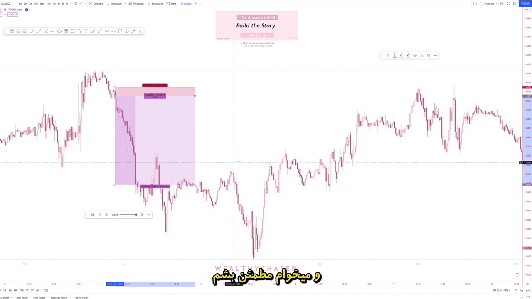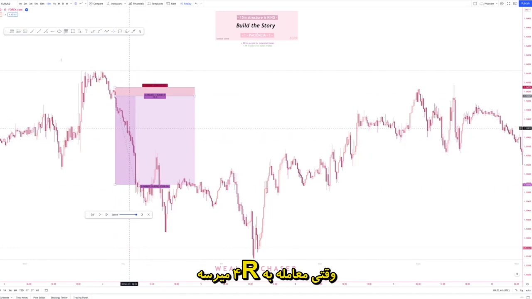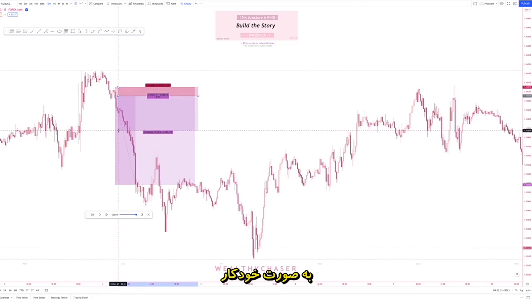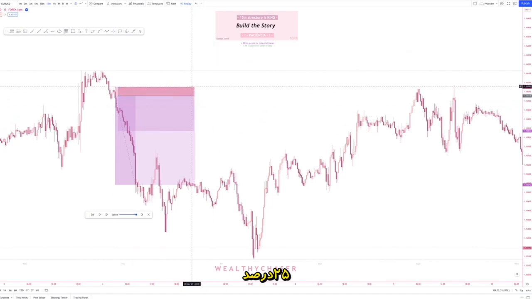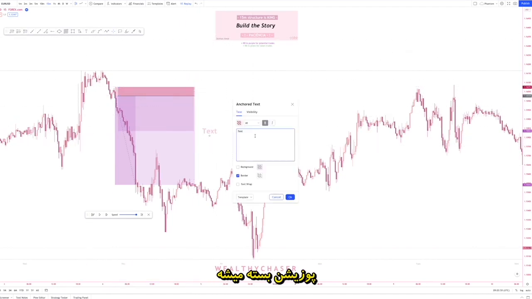I want to make sure that when the trade drives until 4R, it will automatically close 25% of the position. What will this do?